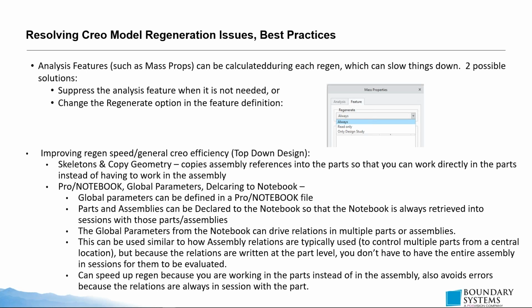We can also use a Pro/NOTEBOOK. That is also very useful. Inside of there, you can use parameters to drive different relations inside of your models. So if you have an assembly that has quite a bit of flexibility inside of it, one of the things you can do is have the values or parameters that are driving those different relations in the notebook.